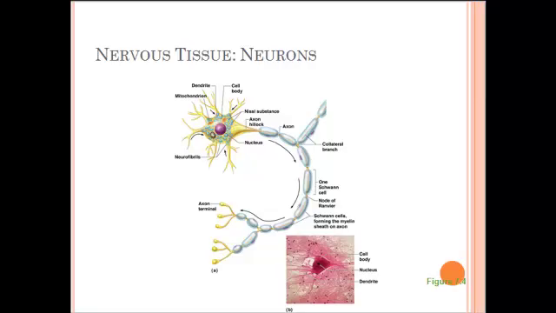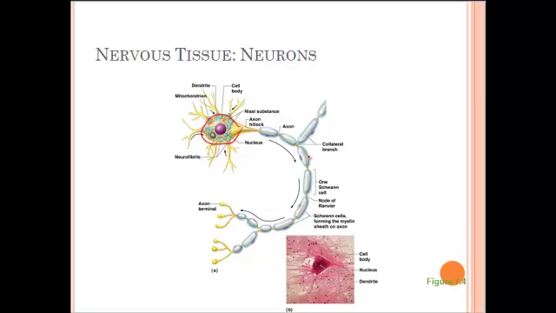A neuron also has a cell body. The cell body is where the normal parts of a cell that you'd think of are located. So in this case, here's our cell body, here's our nucleus, here's the mitochondria, the other organelles that you'd expect to find in a cell that allow it to function.